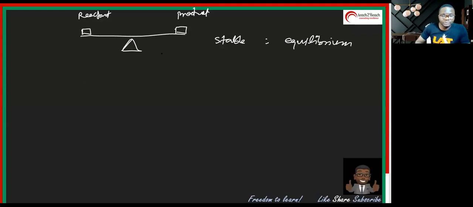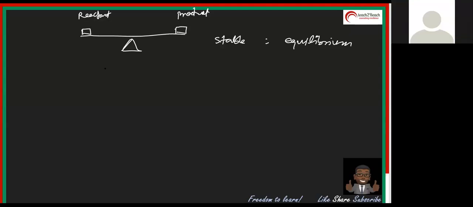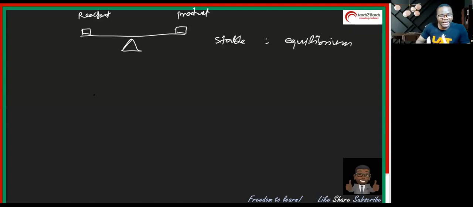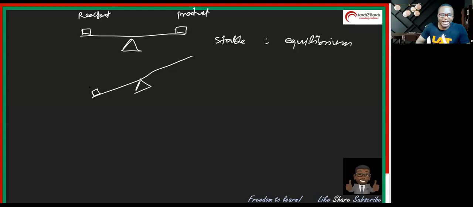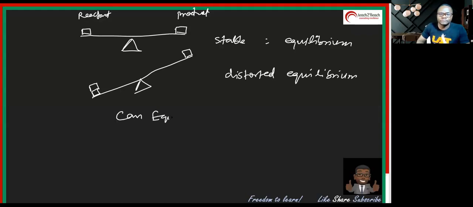So you can make the reactant more than the product. Okay, good. If I make the reactant more than the product, I'm going to be getting something like this, isn't it? Maybe I added an extra block here. So here we say that this equilibrium is distorted. We have a distorted equilibrium.